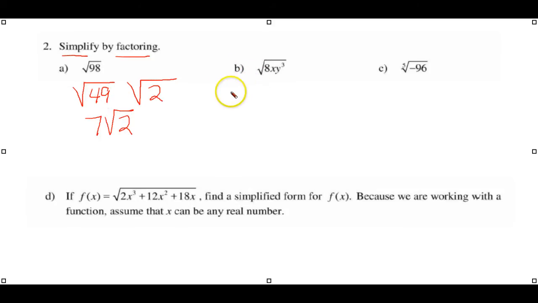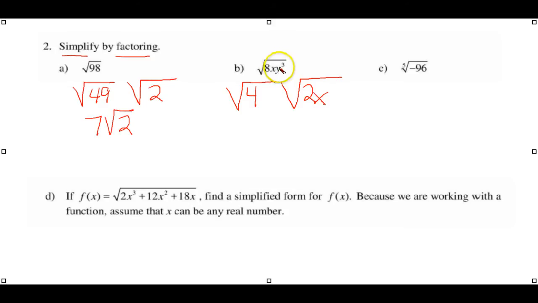Okay, so our pattern, we're going to set up two radical signs, and they're the same index number. Now we look at the number 8. Is there a perfect square factor of 8? And yes, you'll say it's 4. And what's left over is 2. Now how about the x? That's not a perfect square, so we're going to put the x over here.